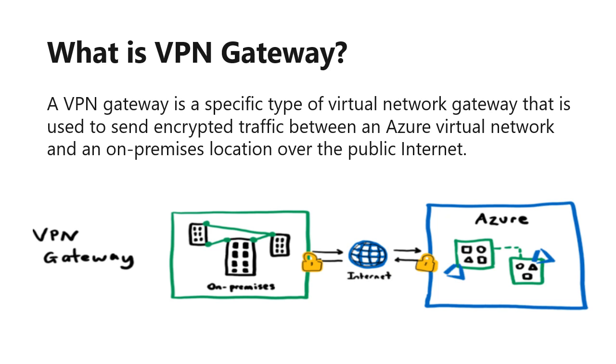Between this VPN device and this virtual network gateway, you can set up a tunnel, one tunnel in active mode by default and one in standby mode by default, and then the traffic from your Azure or from on-premises will traverse over that tunnel in encrypted mode. Nobody will be able to read that traffic over the internet. So it's a secure way of connecting over the internet, which is unsecure.